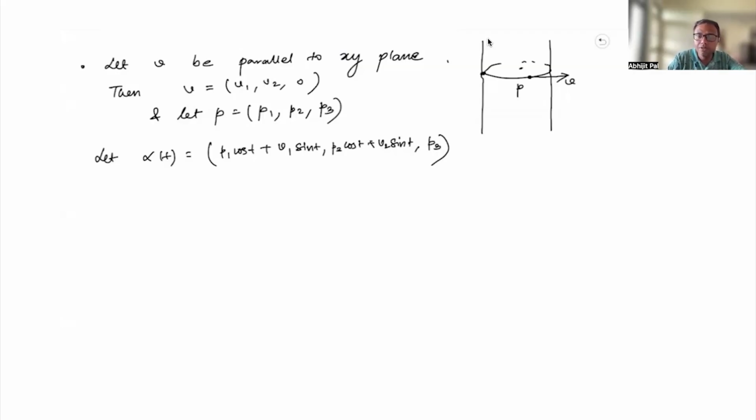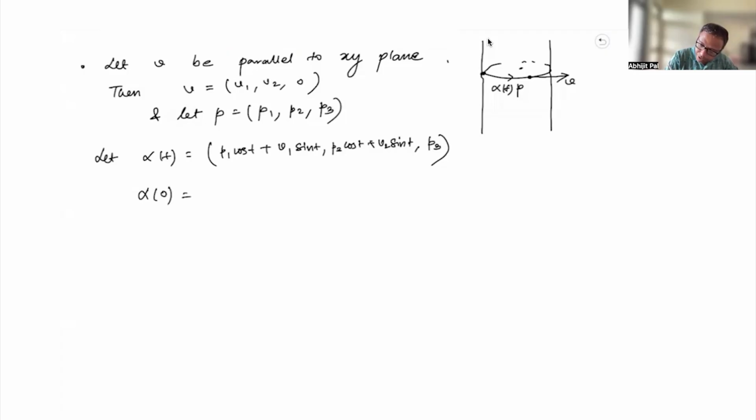So this alpha is this horizontal circle in the cylinder passing through the point P. And at t equals 0, the velocity vector of this curve is equal to B.